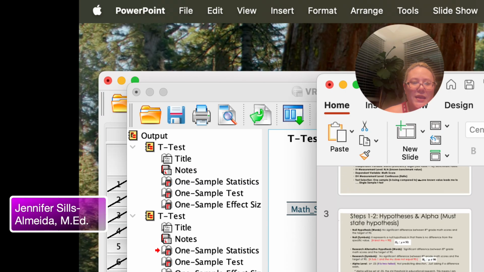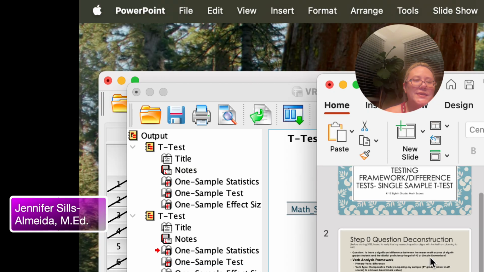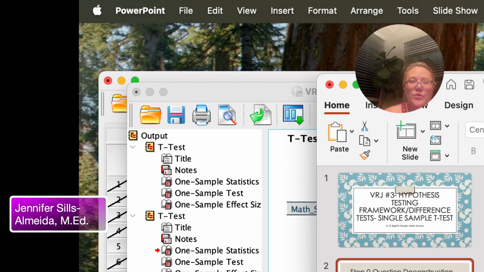As for the rest of it, we'll just look back at research question one more time. Is there a significant difference between the mean math scores of eighth grade students and the district proficiency target of 90? So that, again, the answer, looking at this graph over here, is that with the Cohen's d, there is a small effect size, but the p-value does show that there is a highly significant p-value.